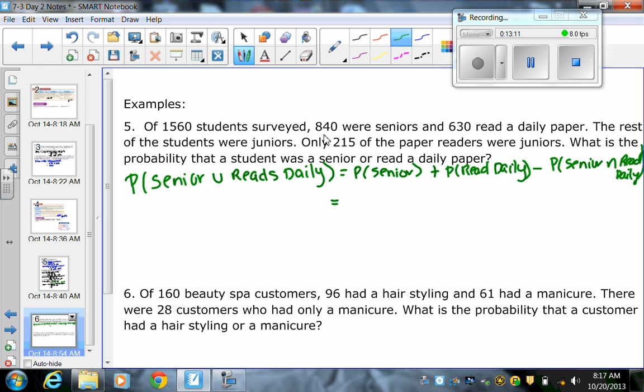So we know that there were 840 seniors out of the 1560. We know that 630 read daily. And if you look at your Venn diagram, how many were in the part that overlapped? You can see that there were 415 in the part that overlapped.